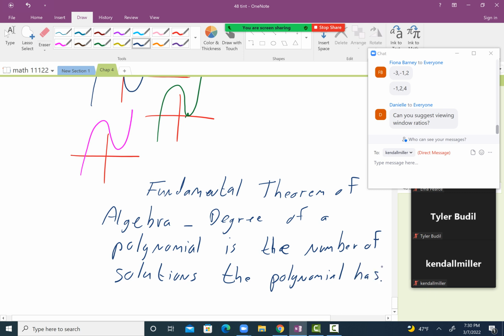So if we have a third degree polynomial, we know it's going to have 3 solutions. A fourth degree is going to have 4 solutions. A fifth degree is going to have 5 solutions. Quadratic has 2 solutions. The fundamental theorem of algebra tells us how many solutions we're going to have.